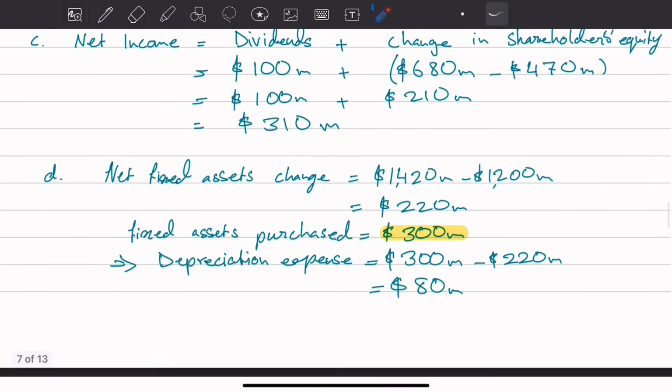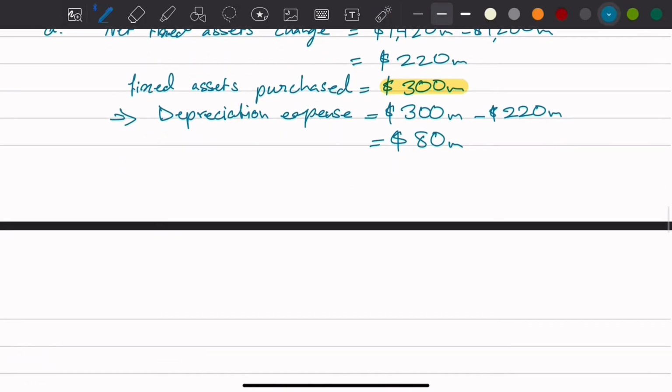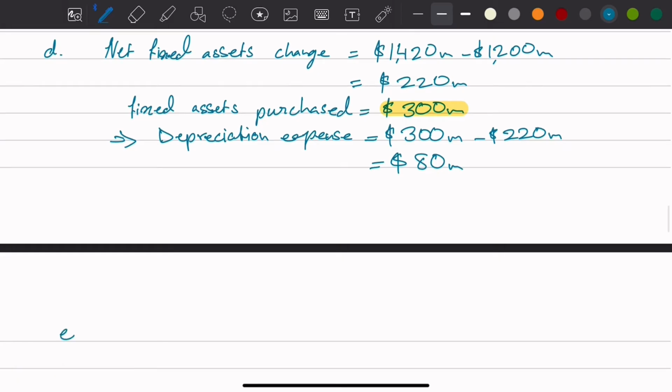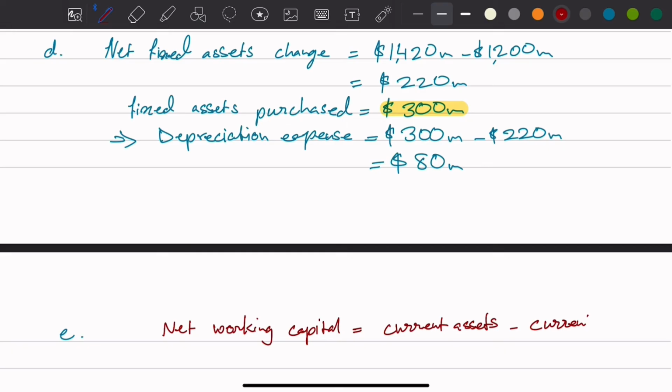As you might remember from the previous exercise, let's write the formula first. Net working capital equals current assets minus current liabilities.